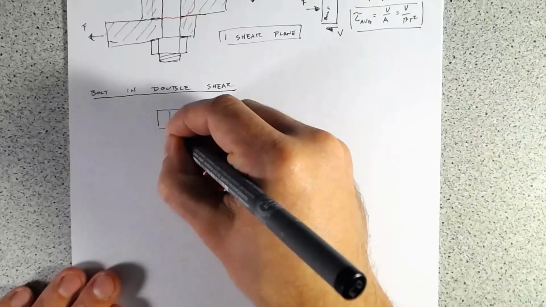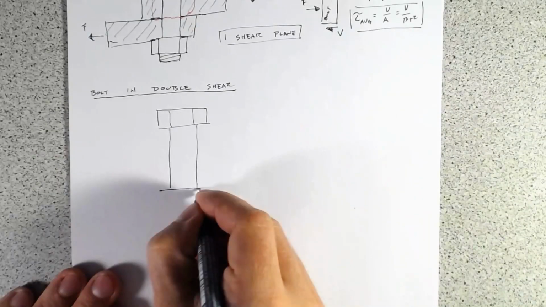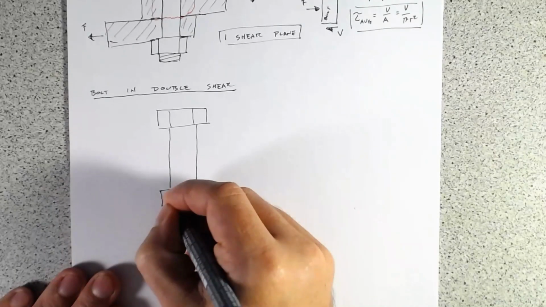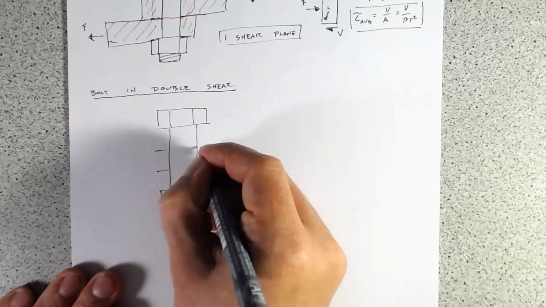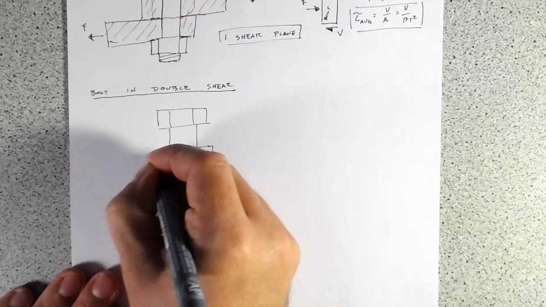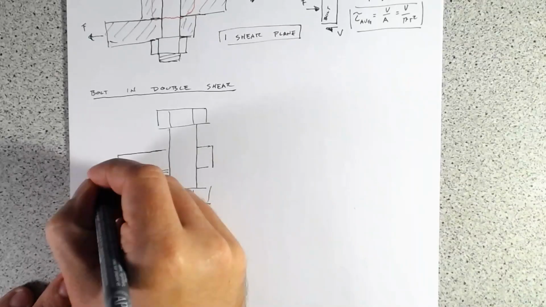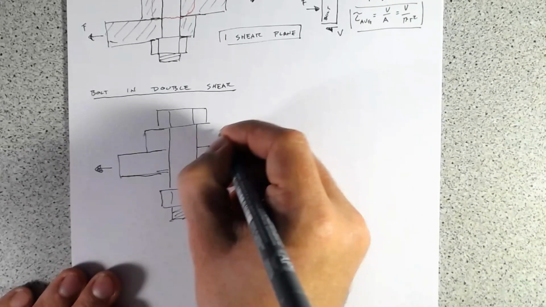So we'll draw our bolt again. That's the threads on it. And these are our plates. So we've got one in the middle, which is getting pulled. And then we've got two on the top and the bottom.